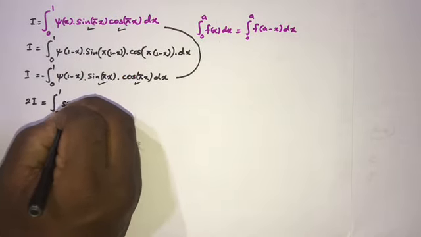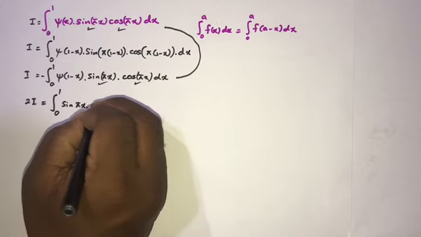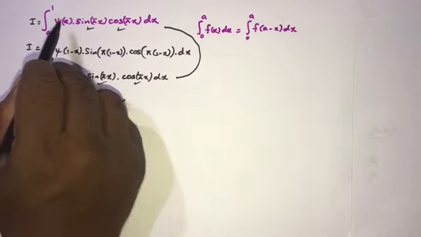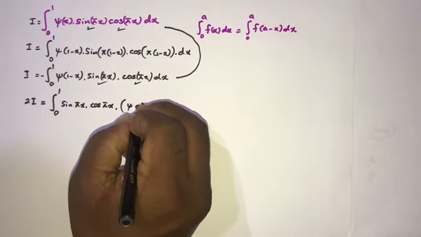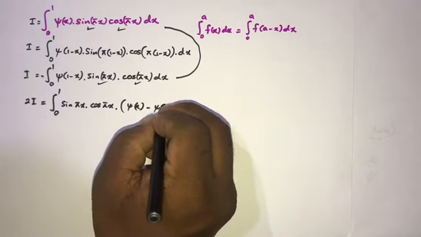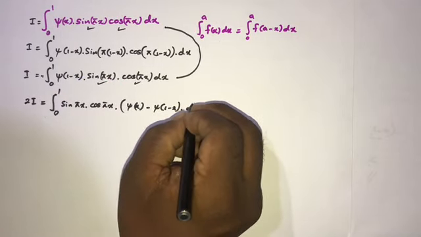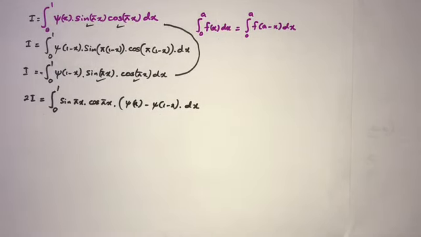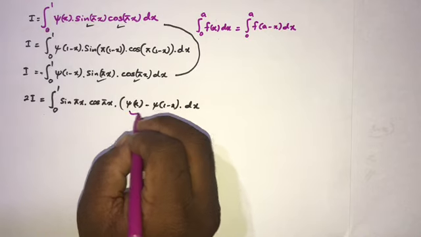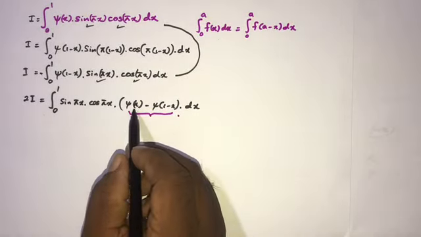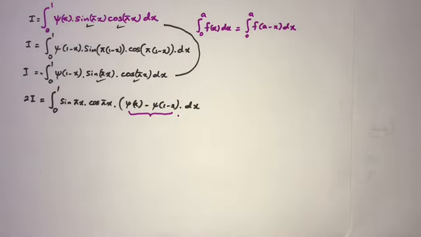So we can write sine of pi x times cosine of pi x, then digamma of x minus digamma of 1 minus x dx. Okay, this is familiar to us. How to simplify this term, digamma of x minus digamma of 1 minus x?